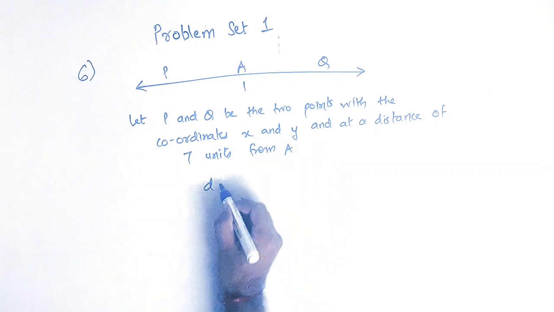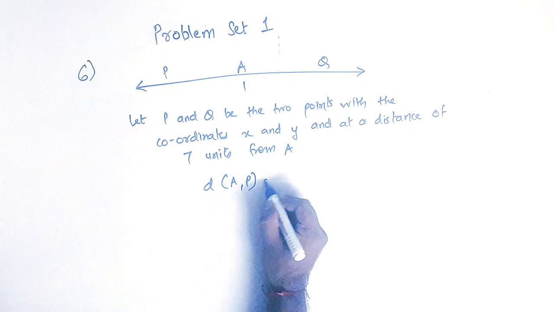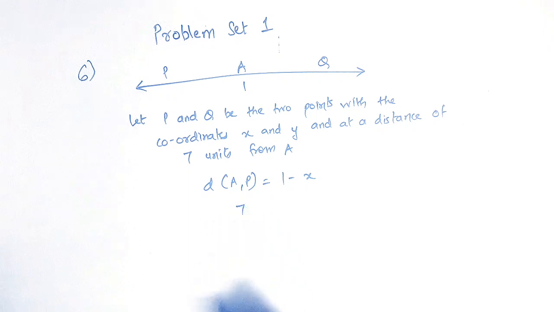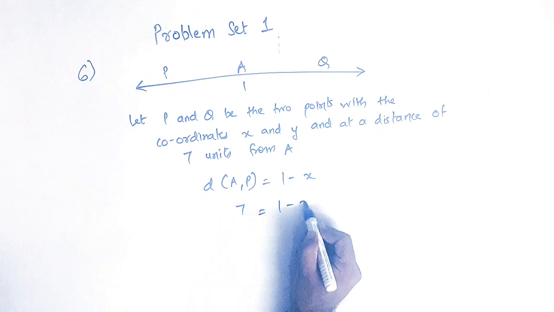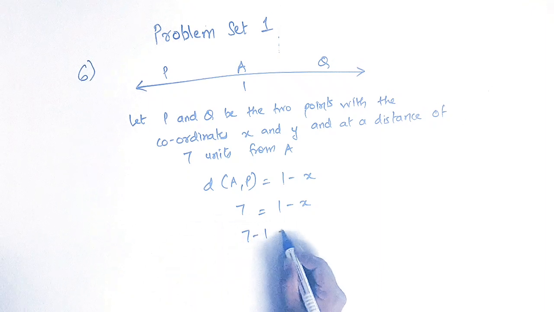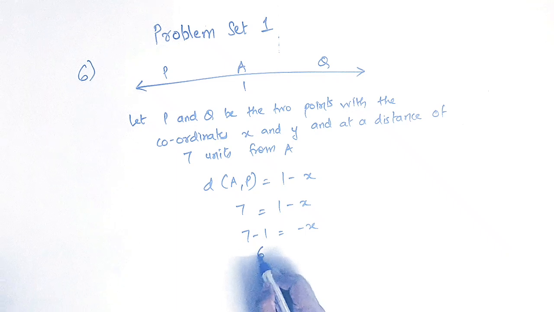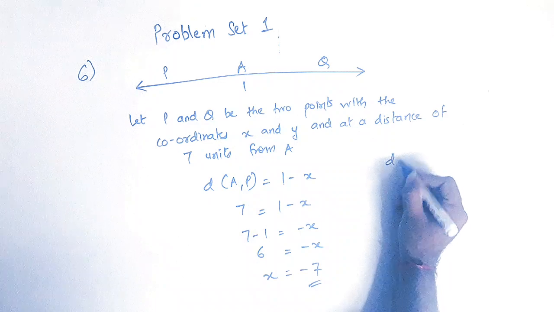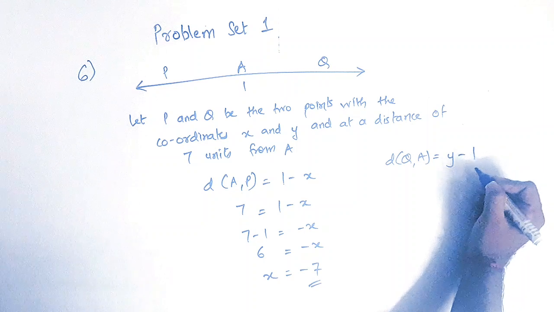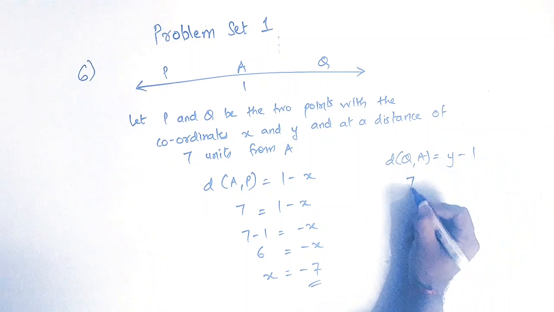Okay, so we'll simply write distance AP is equal to 1 minus X, because this is X. AP, you know, it is 7. Okay, 7 equals to 1 minus X. 1 I'll take it here in the LHS, so it will become minus 1 minus X as it is. This is 6 equals to minus X. That means X is equal to minus 7. Okay, then we'll do distance QA. Distance QA is bigger coordinate minus smaller coordinate 1. Okay, this is 7.